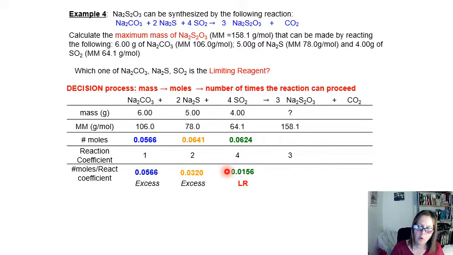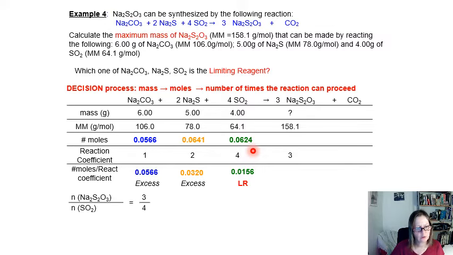So the number of moles of sodium thiosulfate that will be formed depends entirely and only on the number of moles of sulfur dioxide, because it is our limiting reagent.